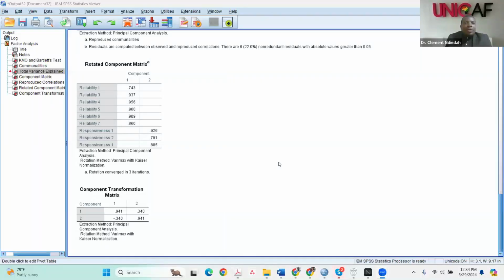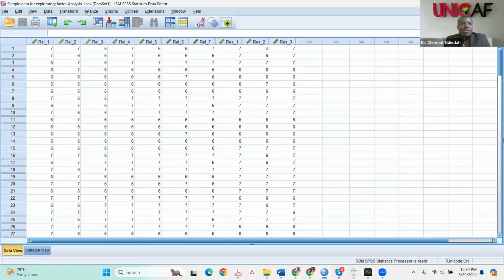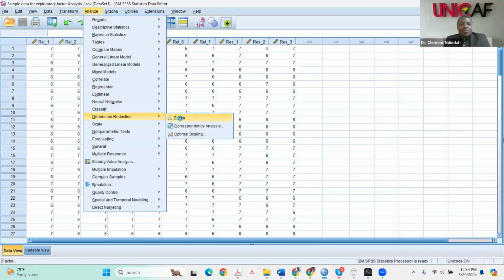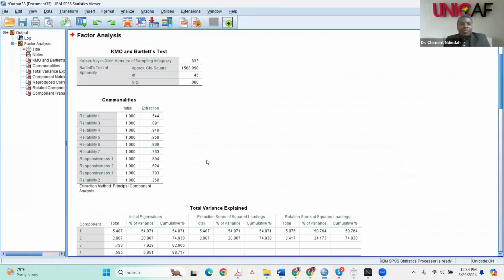So let me just share my screen to give you an idea of what I'm trying to say. Remember when we did our initial factor analysis? Analyze, dimension reduction, factor. Let's put our reliability 2.